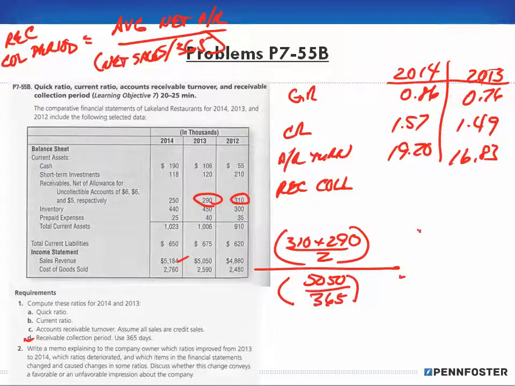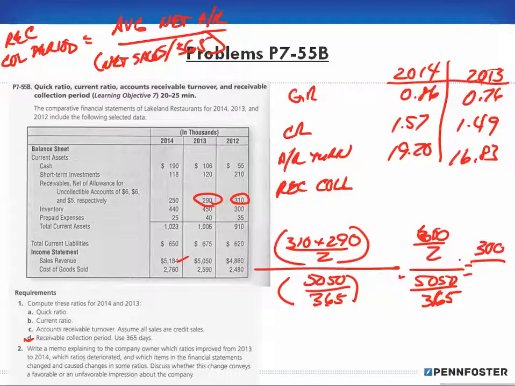So we have 600 over 2, and we have 5050 over 365. So that's 300 over 13.84. So if we take 300 and divide it by 13.84, we end up with 21.676, or we're going to round it to 21.68.